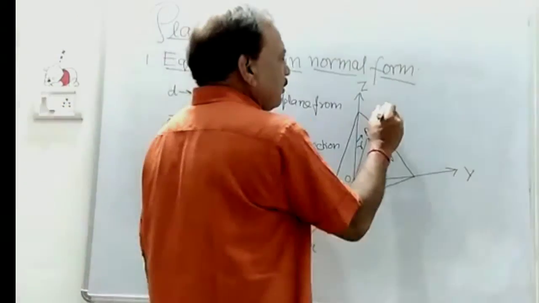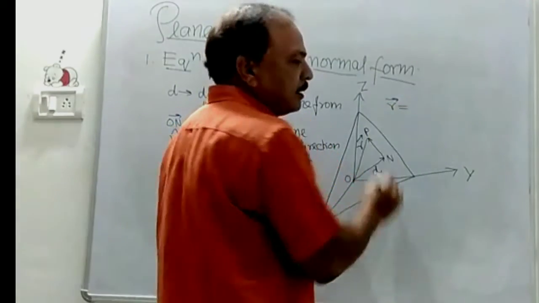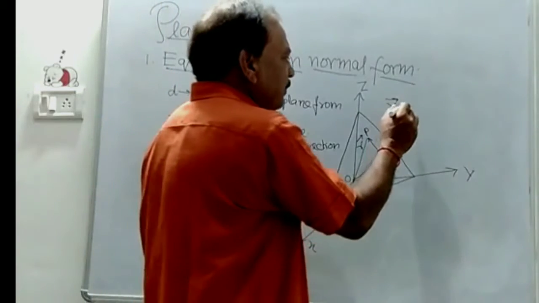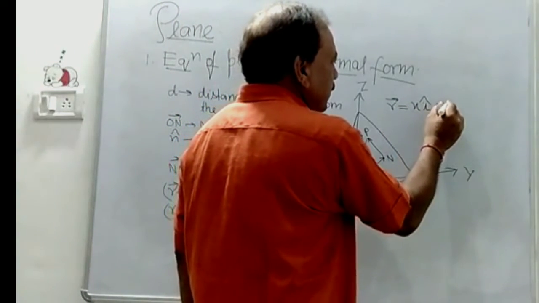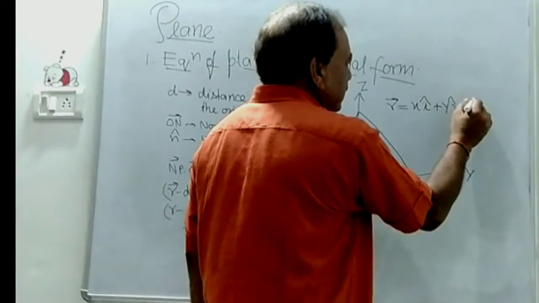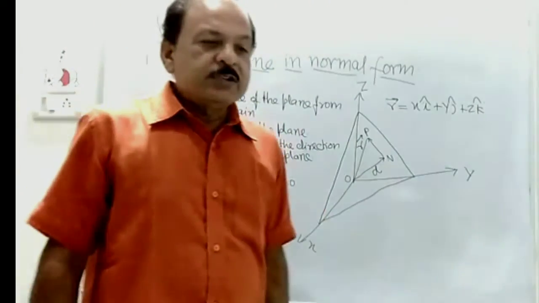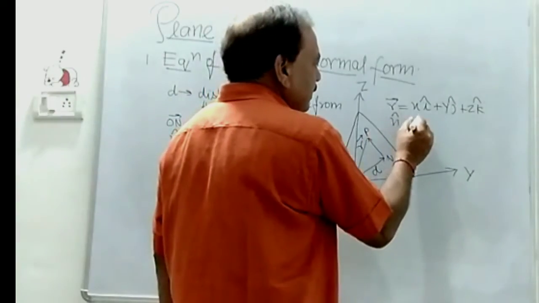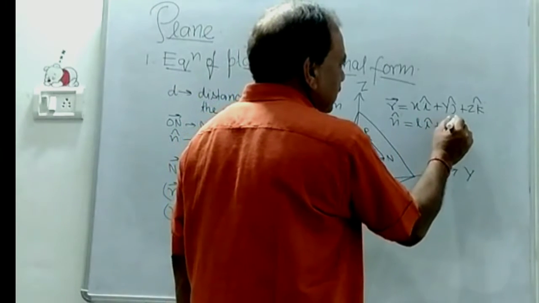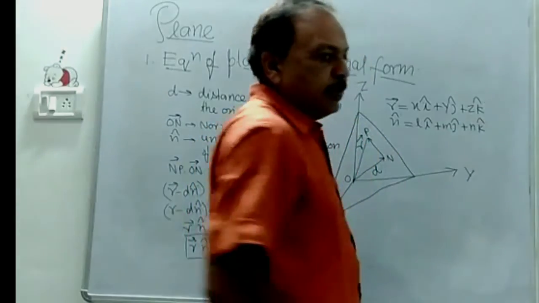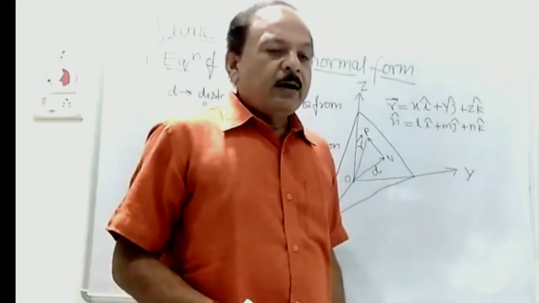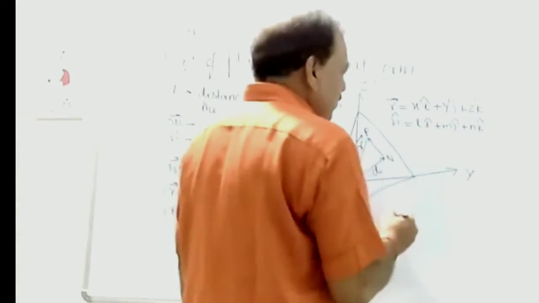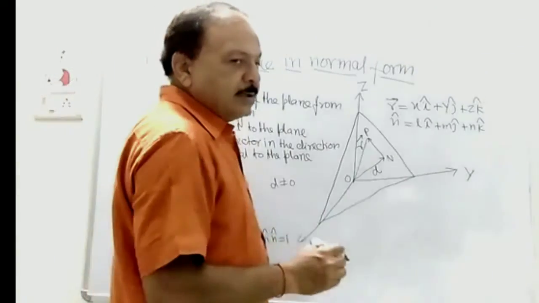Here you see, if you write vector r in the Cartesian form, if the point P is given in component form xi plus yj plus zk, the position vector of P, and unit vector n is given as li plus mj plus nk, then r dot n equals d, the distance from the origin.